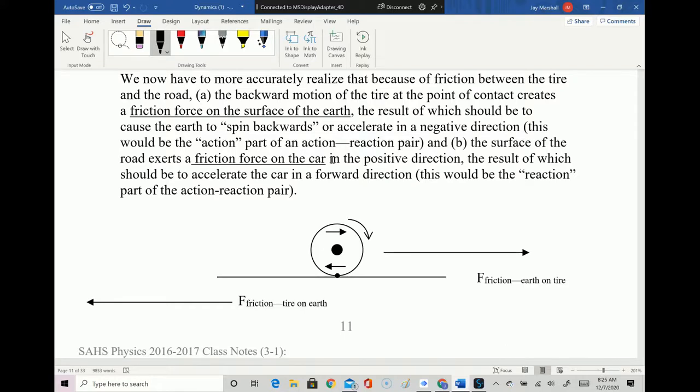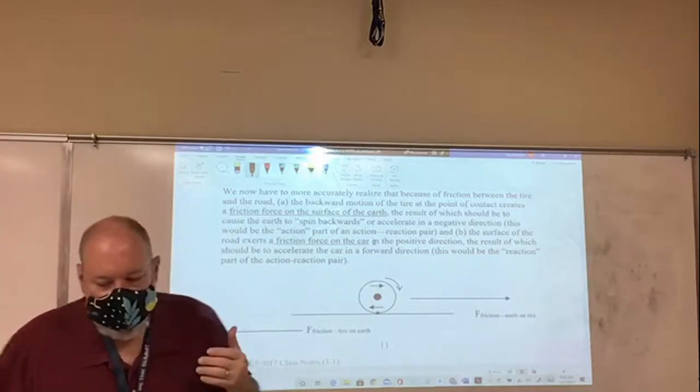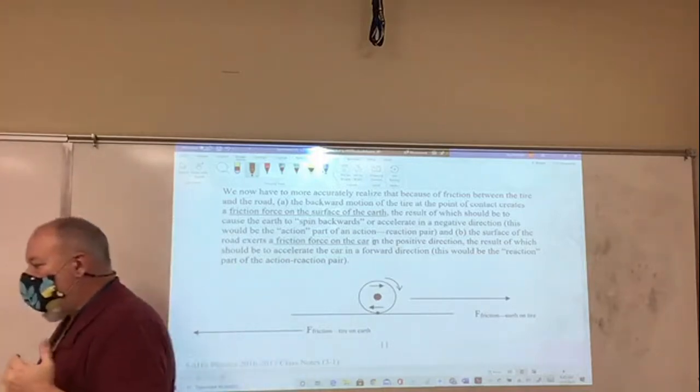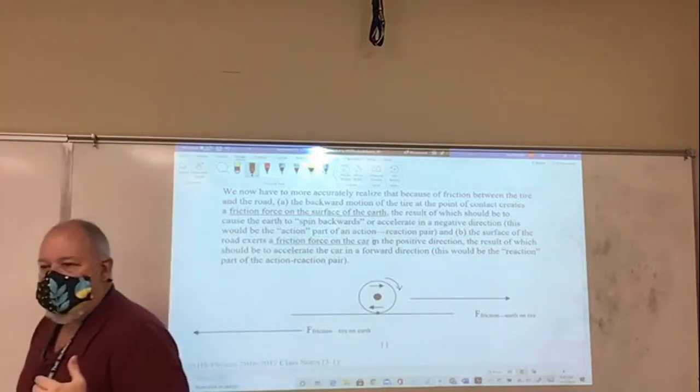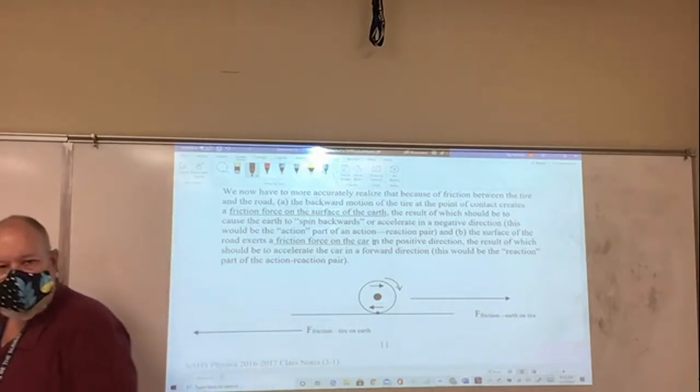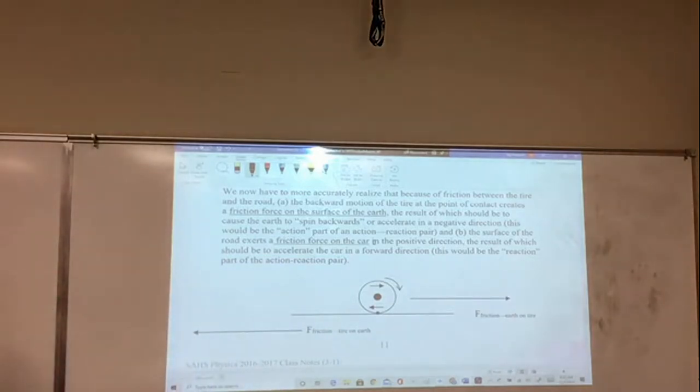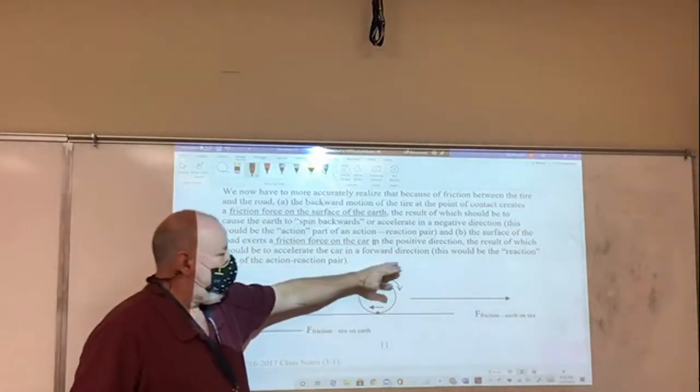The earth is actually pushing the car. The reaction force of this is what's causing the car to move forward. Or if I'm running or walking along, I'm pushing backwards on the earth, and the earth is pushing forward on me. That's an equal and opposite kind of situation.